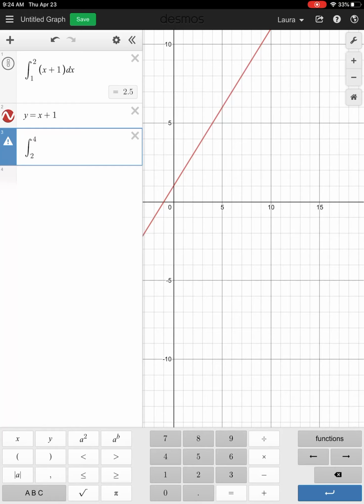So we calculated our x sub k, our delta x, and we put our values in.